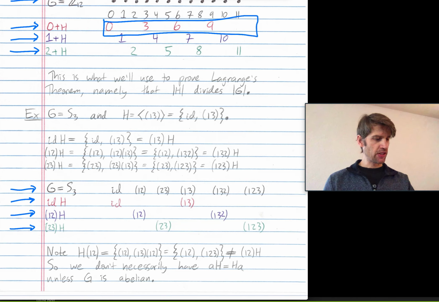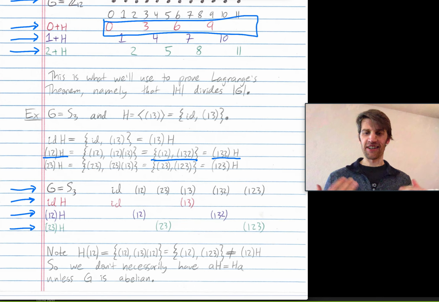A good check for the reader is to check that this coset (1 2)H is indeed equal to this coset (1 3 2)H. So try finding the coset (1 3 2)H and observe that it's the same as this coset (1 2)H.